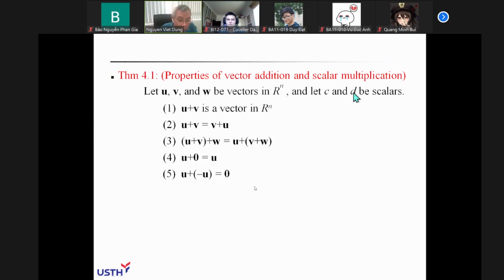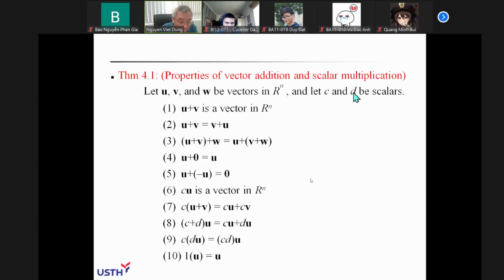Now I list the next 5 properties, those concerning the scalar multiplication. Property number 6 says cu is again a vector inside R^n. Then numbers 7 and 8 are similar. That is distributivity.